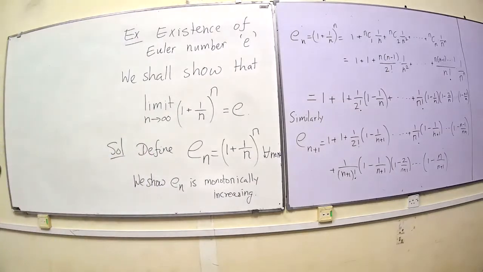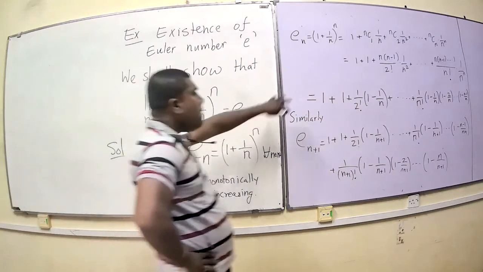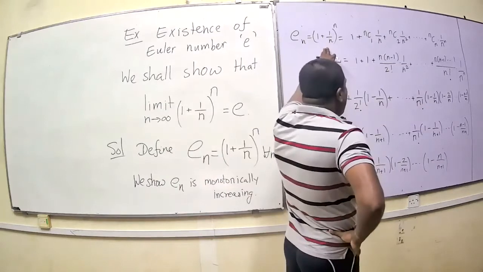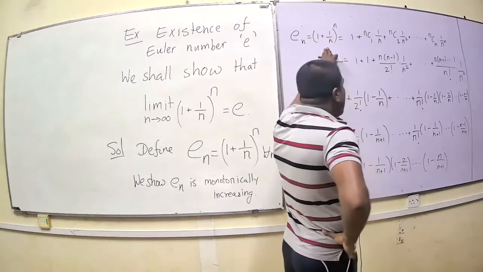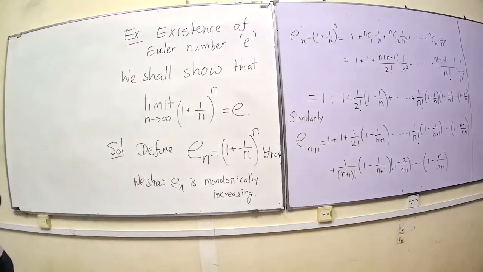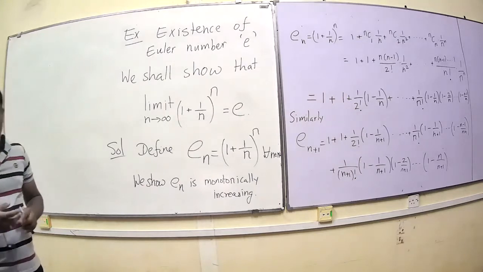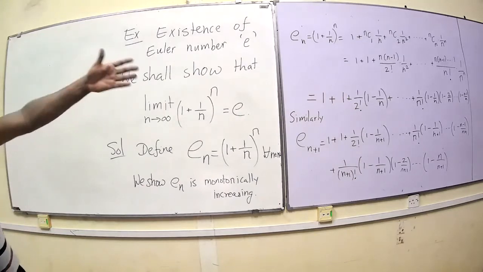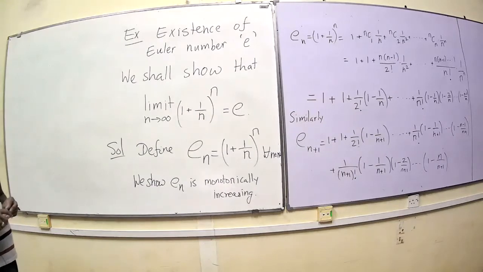I just write the final step, so you can work it out and see. When you write the binomial expansion of e_n, you write it in a certain way: you take the factorials out and then divide by n to the power n, or n squared, n cubed, and so on. And you get a formula for e_n. A similar formula you can write for e_(n+1).